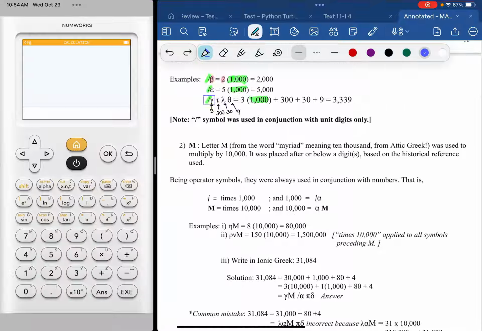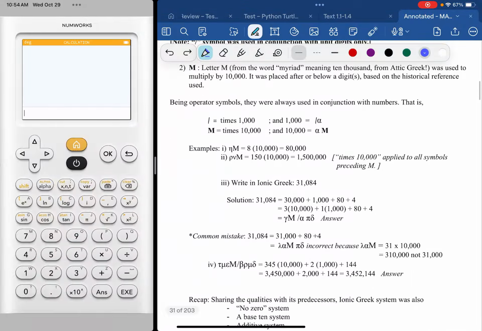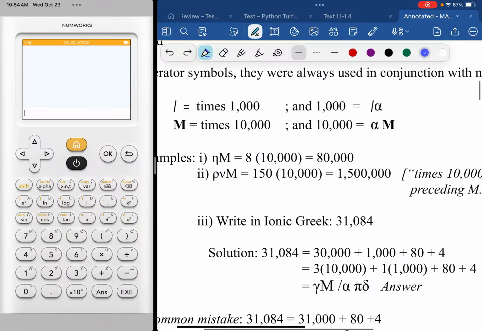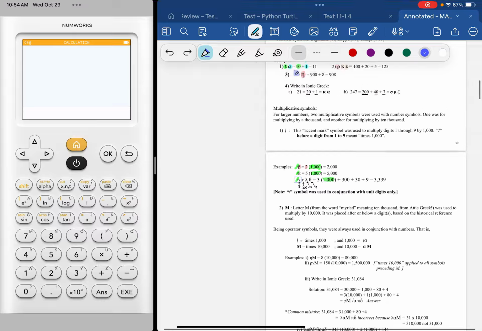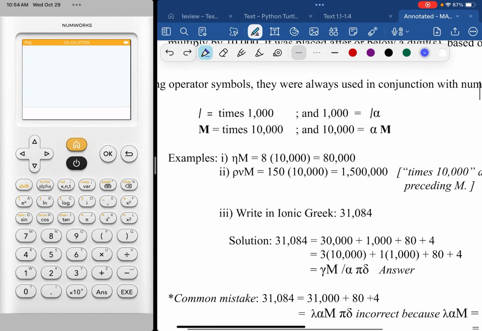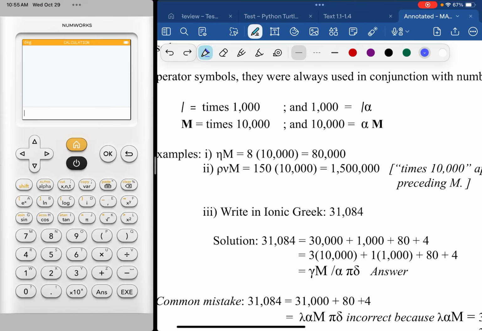But it's just the way it is. In this case, I'll show you the first example. If I just put the capital M after the 8, the 8 is our eta. If we go to the table, it's saying take the 8 and multiply it by 10,000.